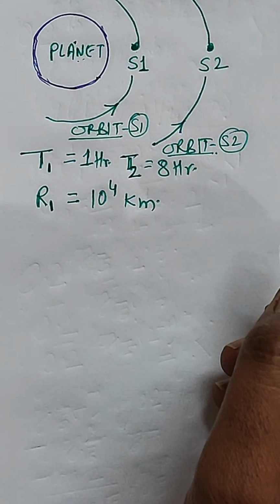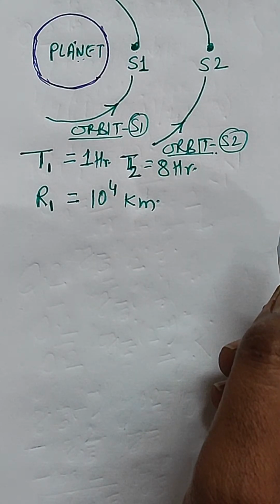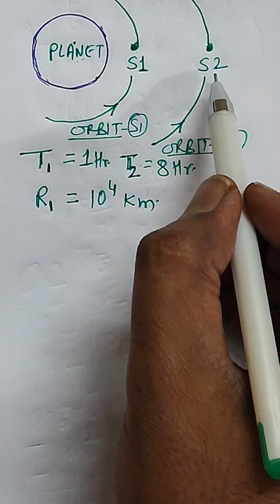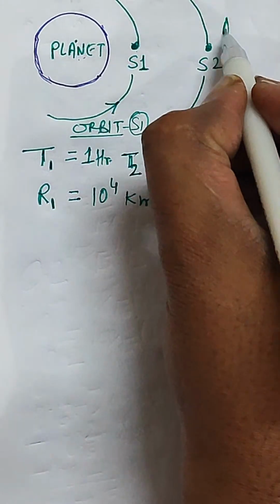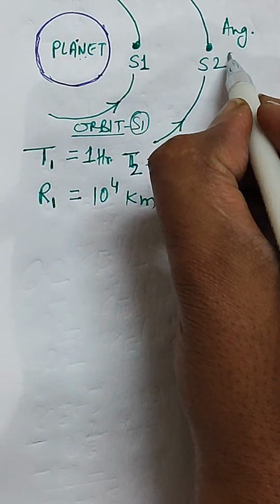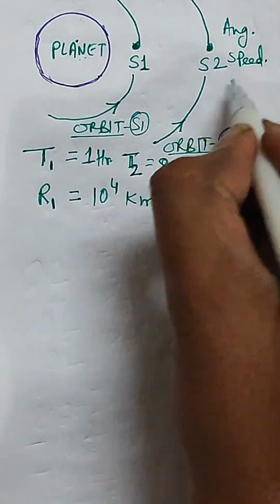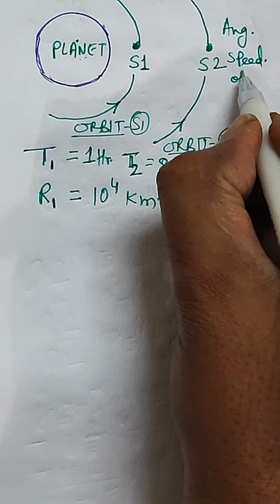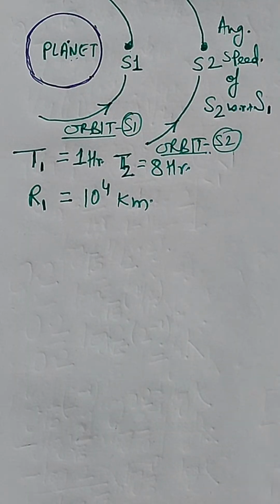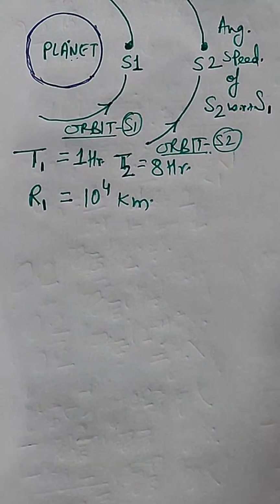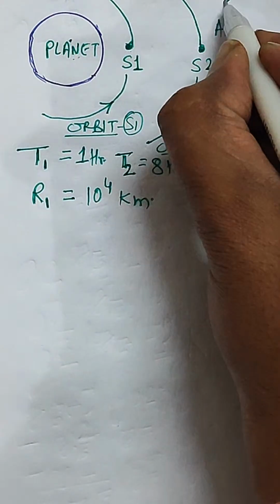What will be the angular speed of S2 as observed from S1? So we need to find the angular speed of S2 with respect to S1. This is the question to us, right?